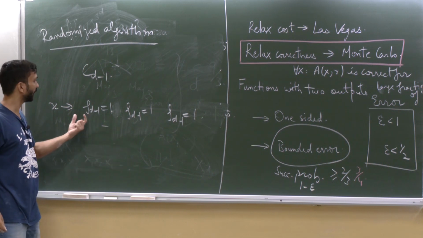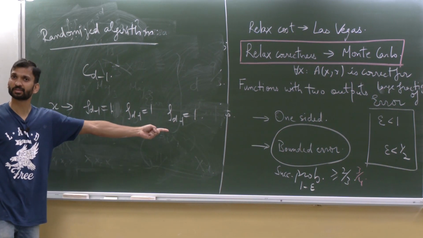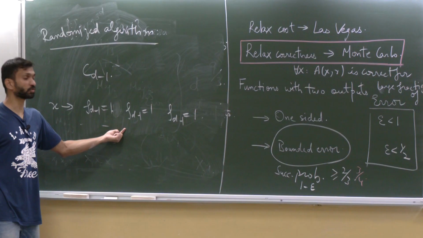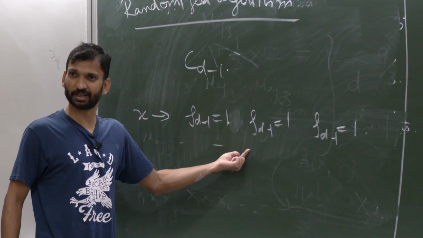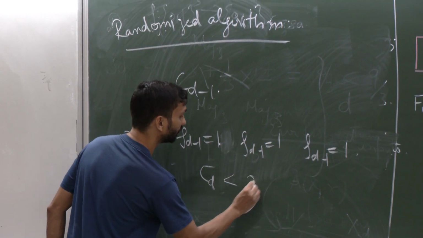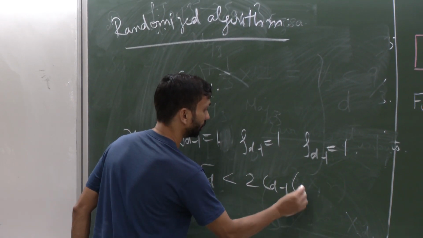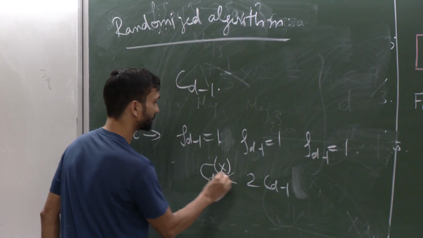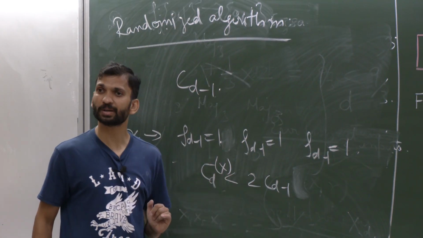What will happen? I will pick 2 of the f d minus 1s here. What will be the cost for that? 2 times c d minus 1. So c d of x will be less than 2 times c d minus 1.